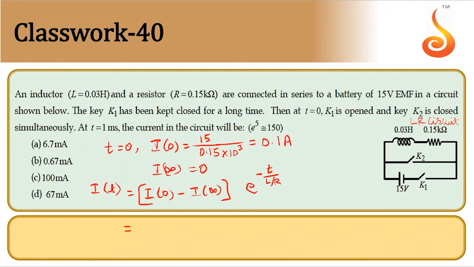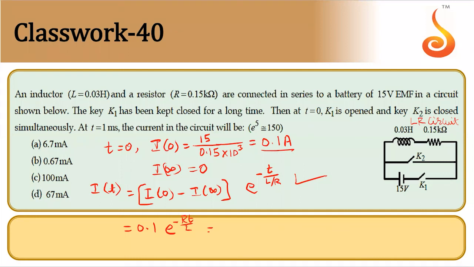I of 0 is 0.1. So this is formula for LR circuit. L by R is called time constant. So now substitute t, which is given as 1 millisecond. So this will become e to the power minus RT by L.